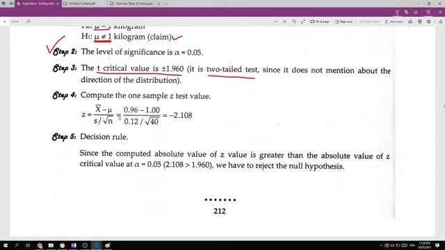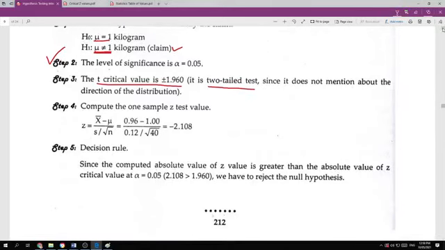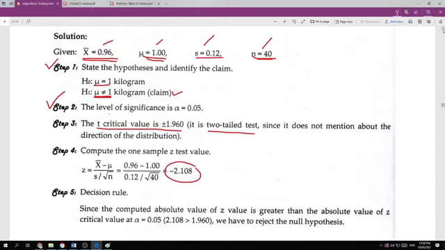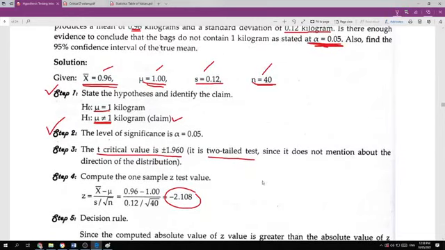So, using this formula, 0.96, that's our given a while ago, minus the population mean, divided by the standard deviation divided by the square root of the sample size. So, this will be the result, negative 2.108. Okay, let's compare.